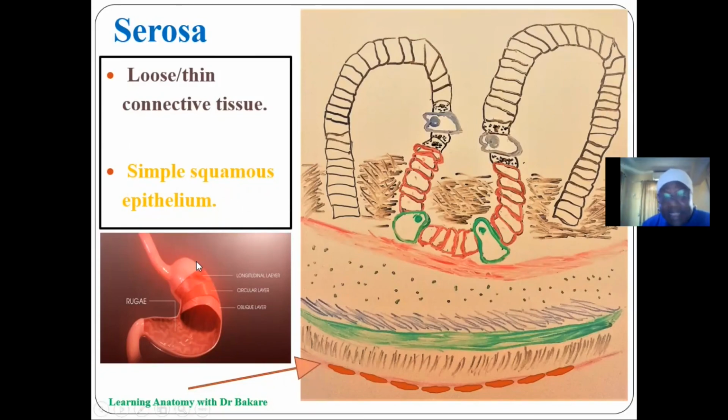The serosa layer is coated in serous fluid, and that is why it appears shiny. If you look at this image, you see that it's shiny in appearance. What this does is help to lubricate the surface of the stomach, thereby reducing friction between the stomach and the other organs within the abdominal space.